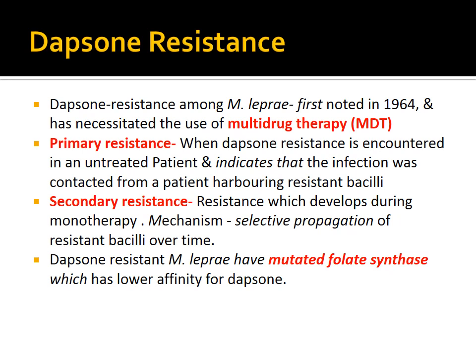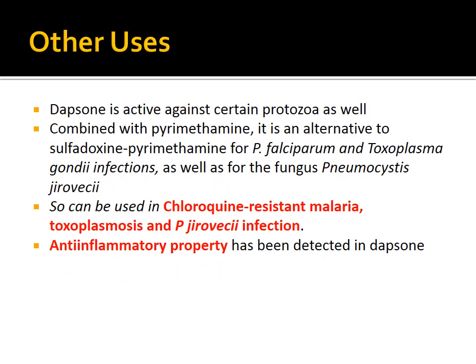Because of this, the bacterial growth is not inhibited and they can propagate or spread rapidly. So mutation in the folate synthase enzyme is the mechanism by which Mycobacterium develops resistance to dapsone.